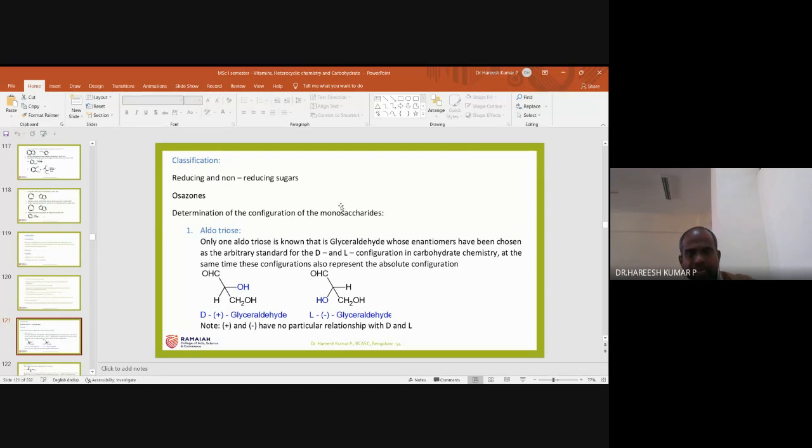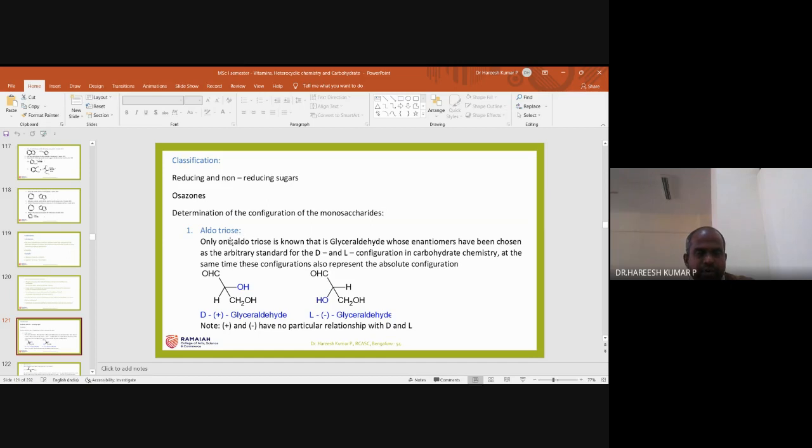And again, under the monosaccharides, I will take up different ones. For example, aldose. What does aldo mean? Aldo means an aldehyde-containing one. Triose: tri indicates the number of carbon atoms present in it.